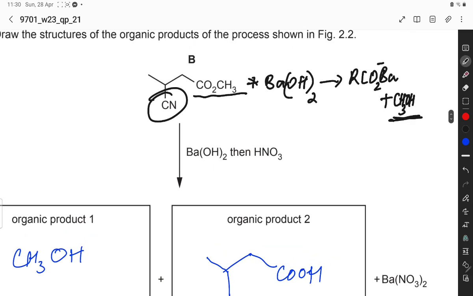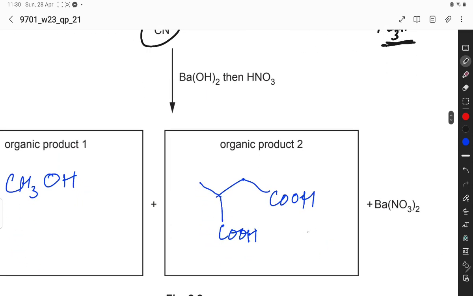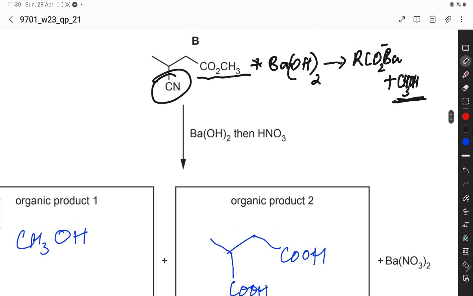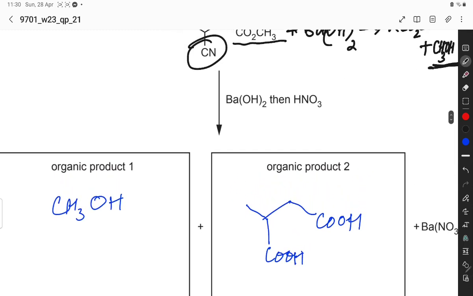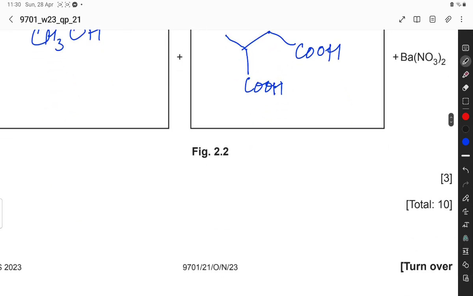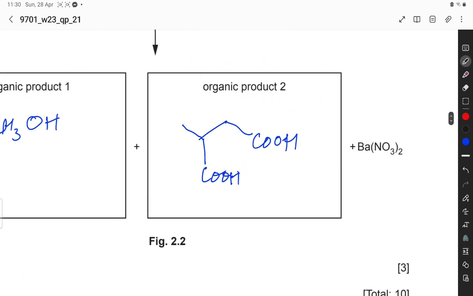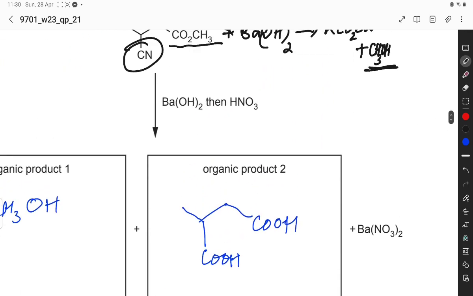This is organic product 1, and the second organic product is this, because the CN is hydrolyzed to form carboxylic acid. Nitrile is hydrolyzed to form carboxylic acid, along with barium nitrate.